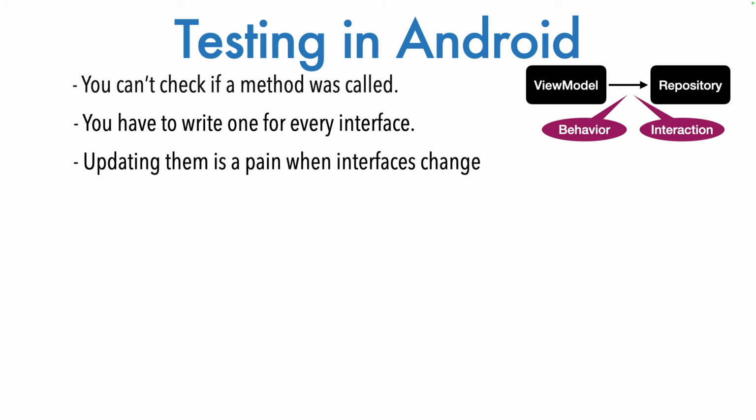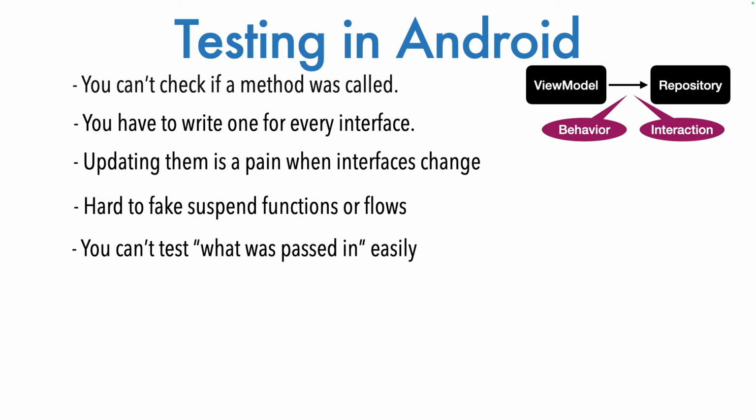And not only that, you have to keep updating them, which becomes a pain when the interfaces keep changing. And because you will be using flows and coroutines, it becomes hard to fake suspend functions or flows using manual stubs and fakes. And you can't test what was passed as an argument very easily, because with manual tests it becomes really complicated.